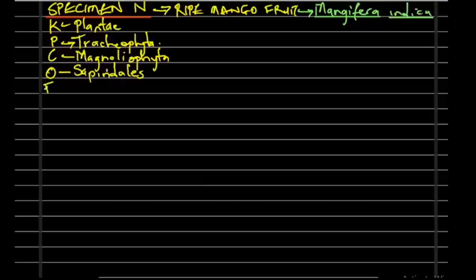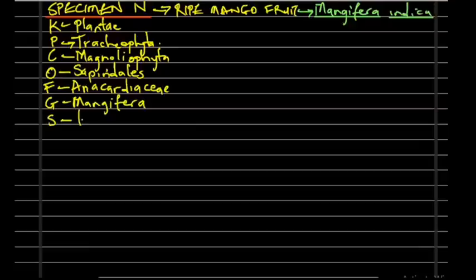We have the family to be the Anacardiaceae. And then we have the genus to be Mangifera, while the species is indica. So we have that now.